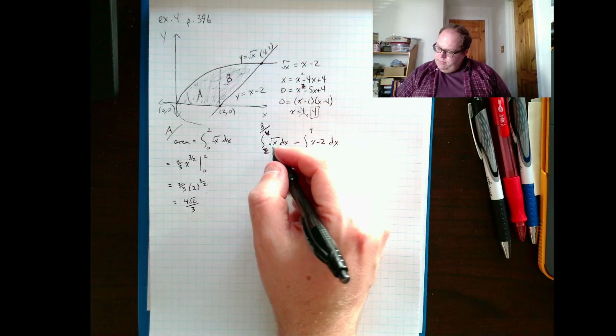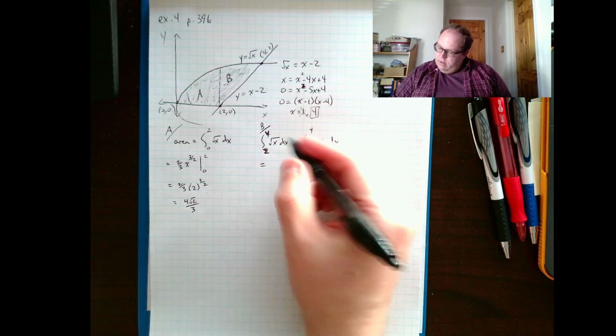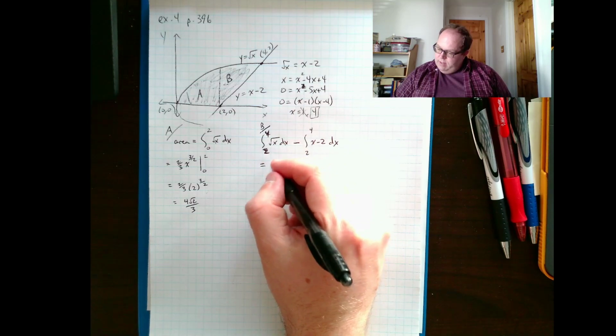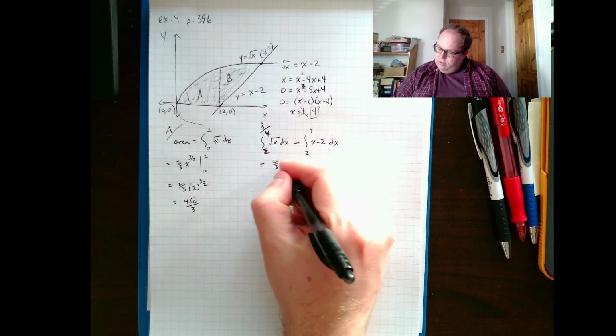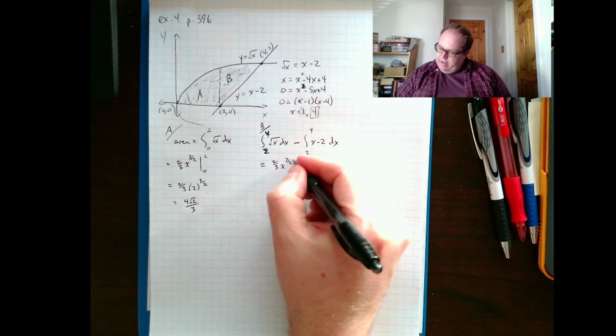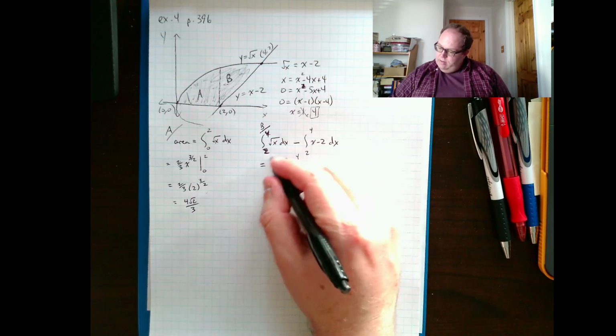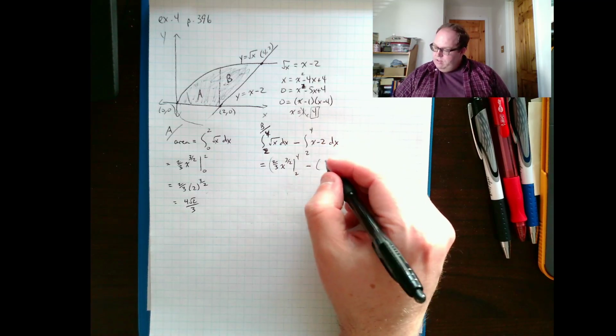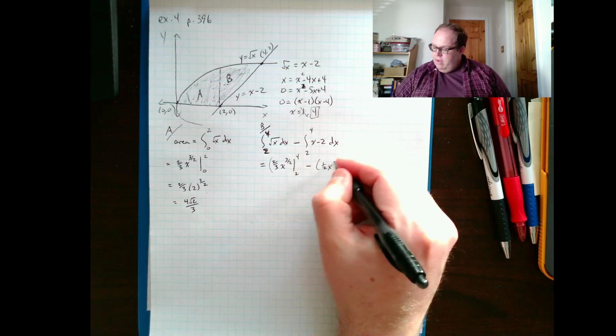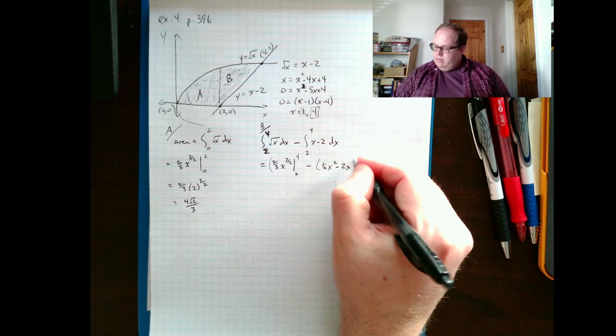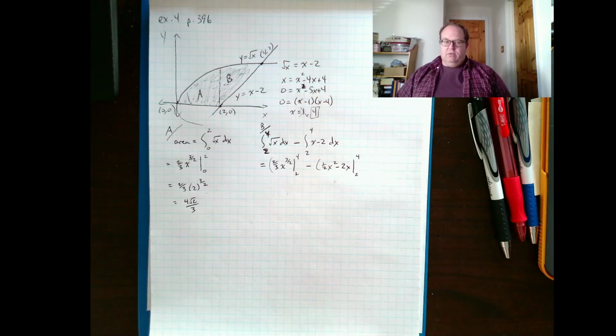And over here, once again, the antiderivative of x to the 1/2 is 2/3 x to the 3/2, which I'd evaluate between 2 and 4. And the integral of x minus 2, its antiderivative will be 1/2 x squared minus 2x, evaluated between 2 and 4.